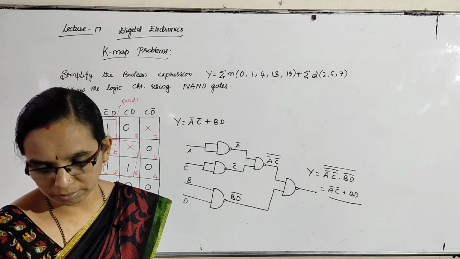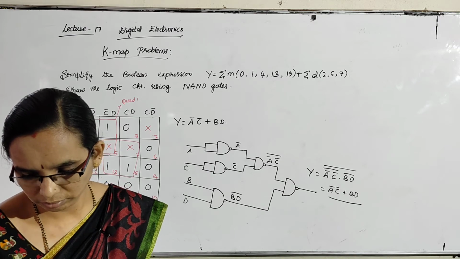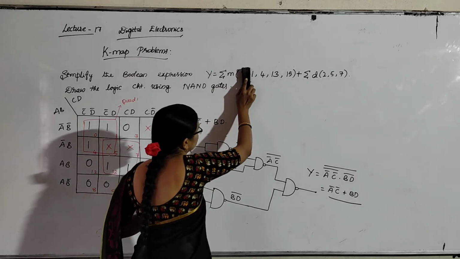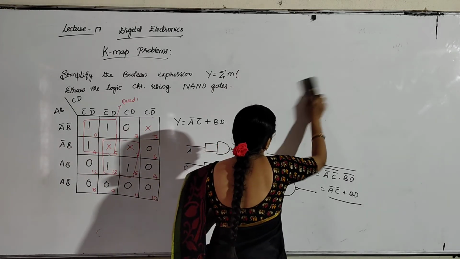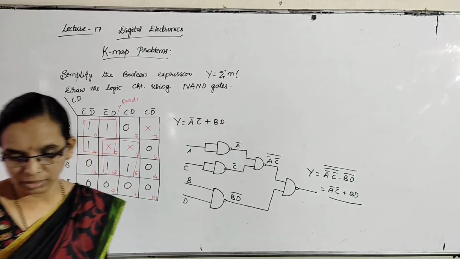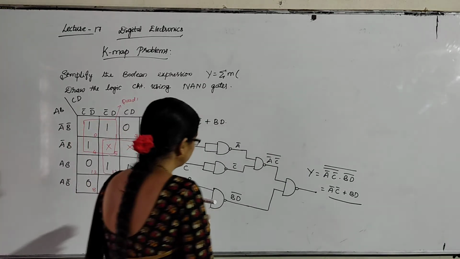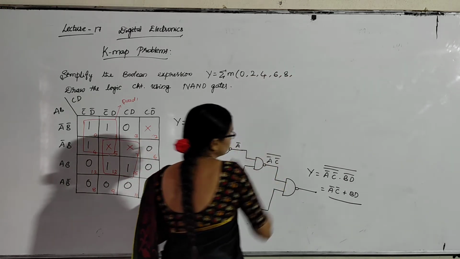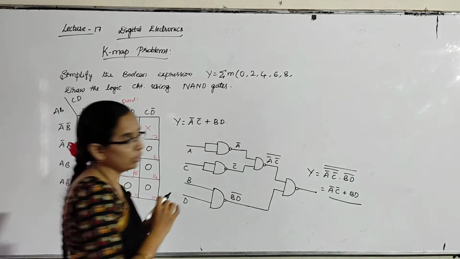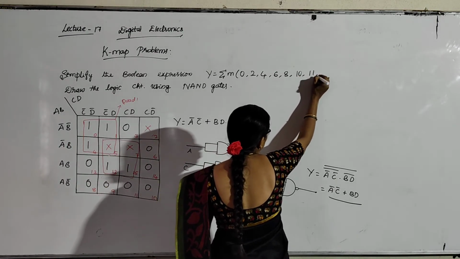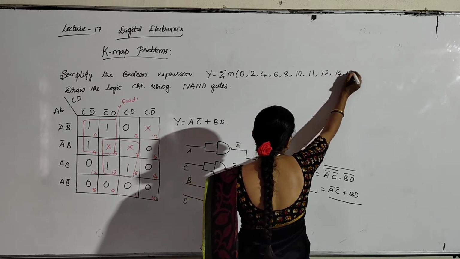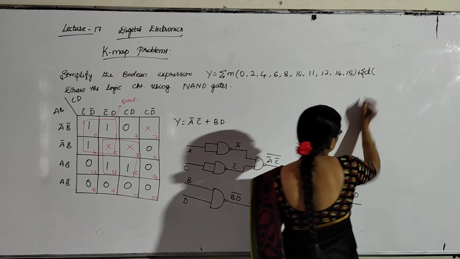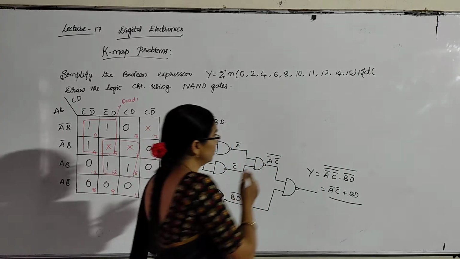Take down the next problem: sigma m(0, 2, 4, 6, 8, 10, 11, 12, 14, 15) with the don't care conditions 9 and 13.